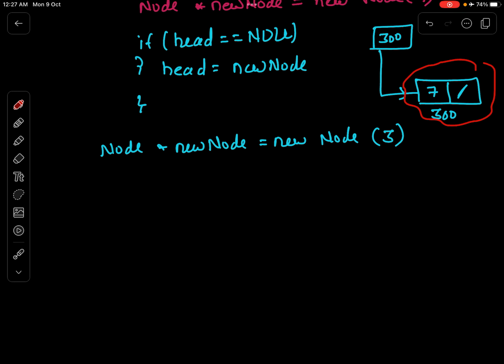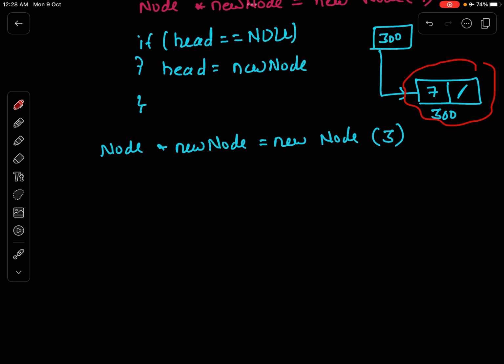What did I do first? I said to my linked list that this is my first node. So I store the address of this node in my head so that whenever I want to fetch the data, I can come to know that this is my starting node.